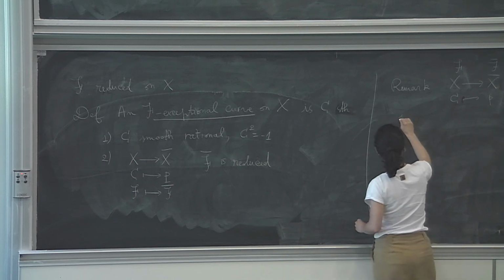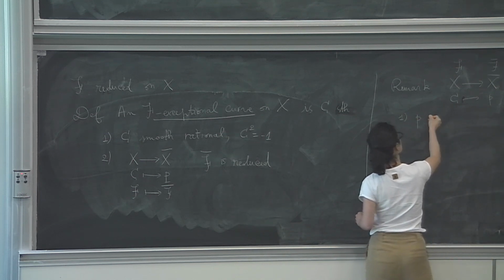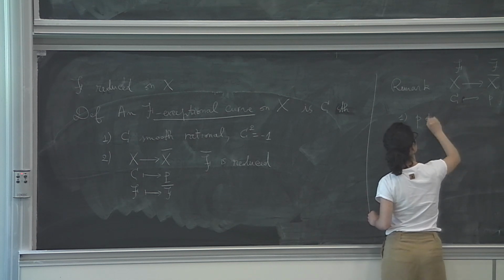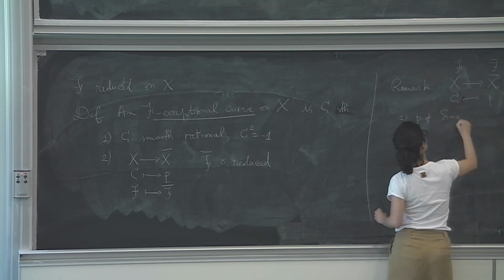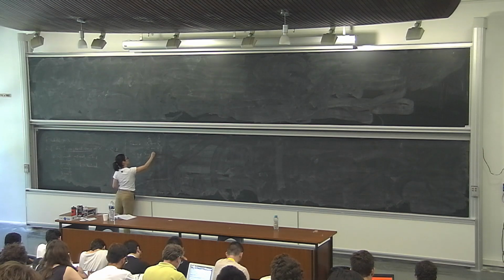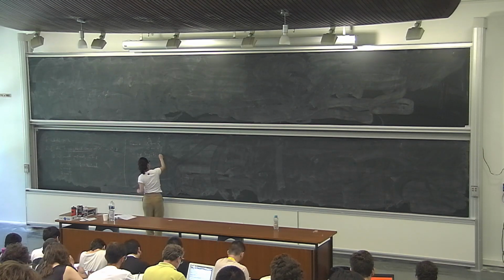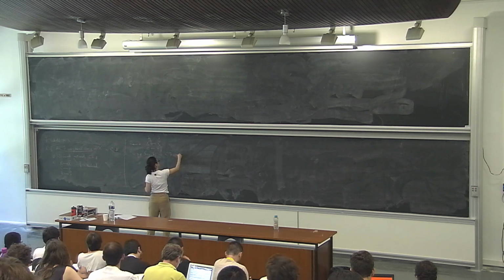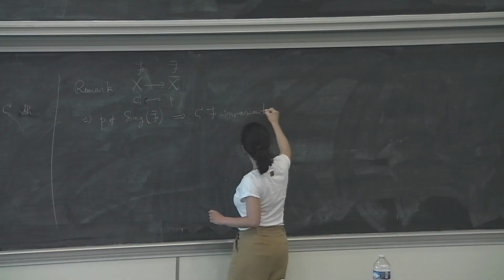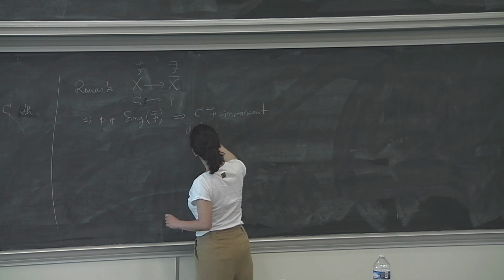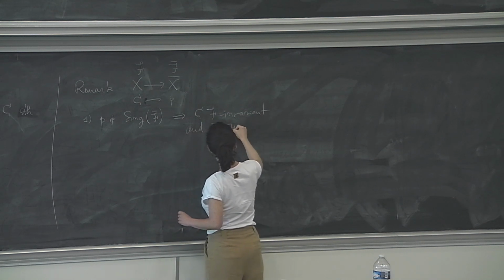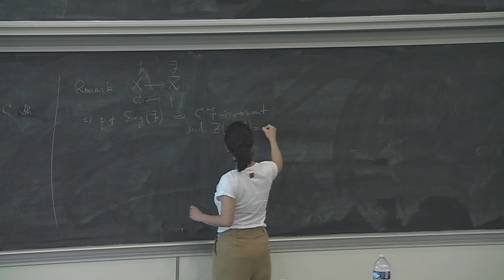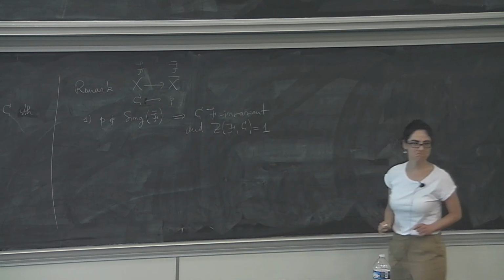And we've seen yesterday that if P is not a singular point for F bar, then C is F invariant and Z of F, C is 1.